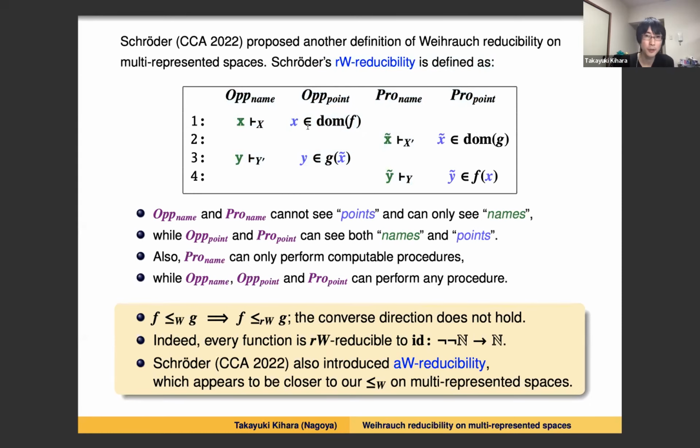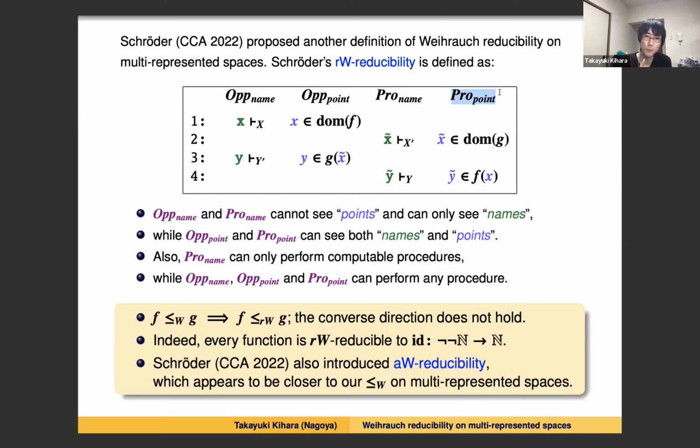The players op name and pro name can only see names. They cannot see points. The players op point and pro point can see both names and points. Since opponent and proponent are symmetrical, this seems a very natural definition.